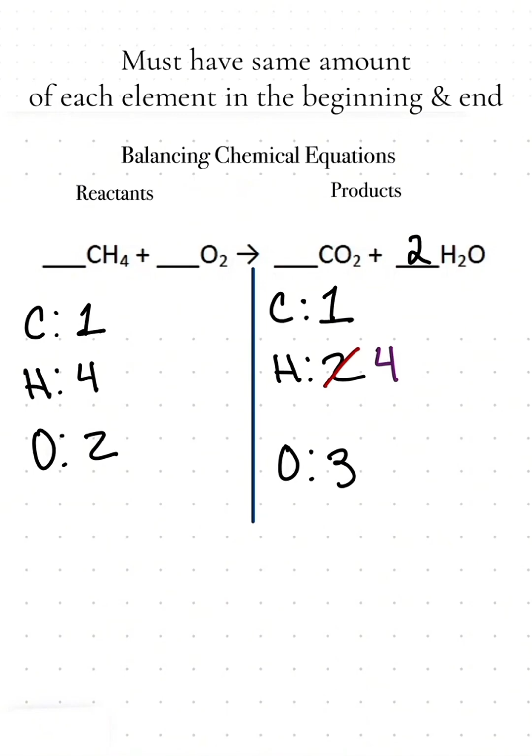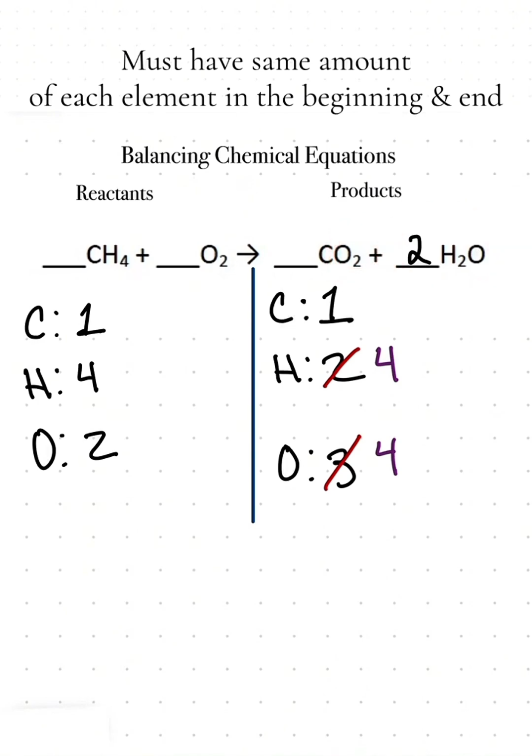So now my carbons and my hydrogens are balanced. And because I wrote a coefficient of 2 in front of H2O, this 2 gets applied to this entire compound. So that means that instead of having 3 oxygens now, I have 4, because I have 2 here and 2 here.